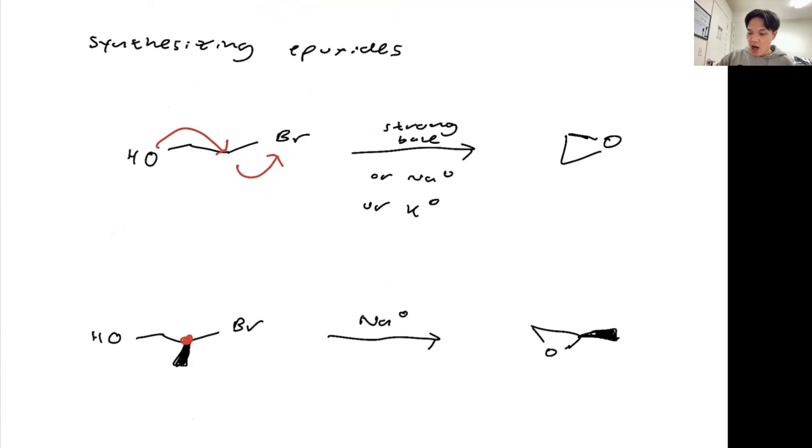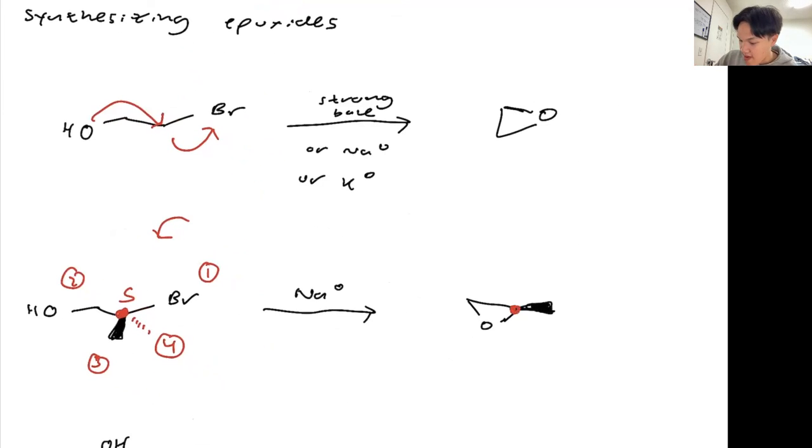And because it's SN2, we do have to worry about stereochemistry, right? So let's take a look at this compound right here. That carbon is a chiral carbon. So let's see what it is. It's 1, 2, 3, and then this implicit hydrogen is a 4 here. It goes this way, so it's S, right? And then what happens when we have it here?